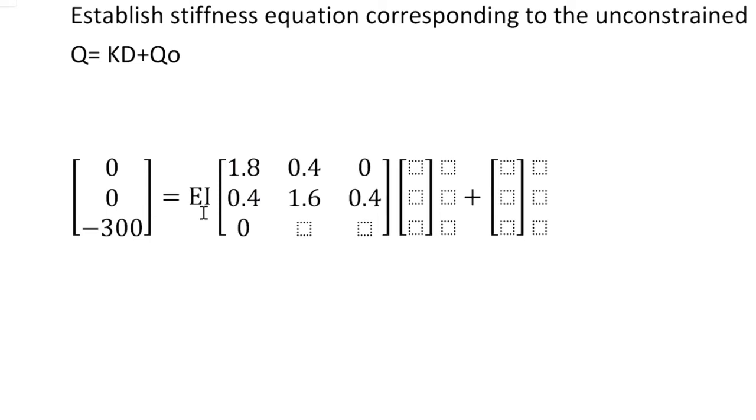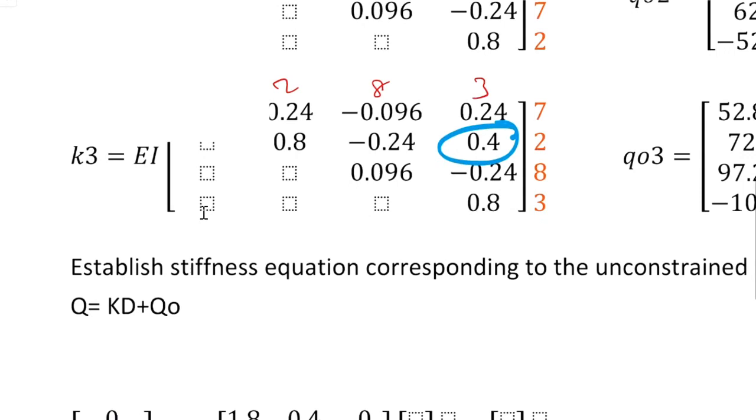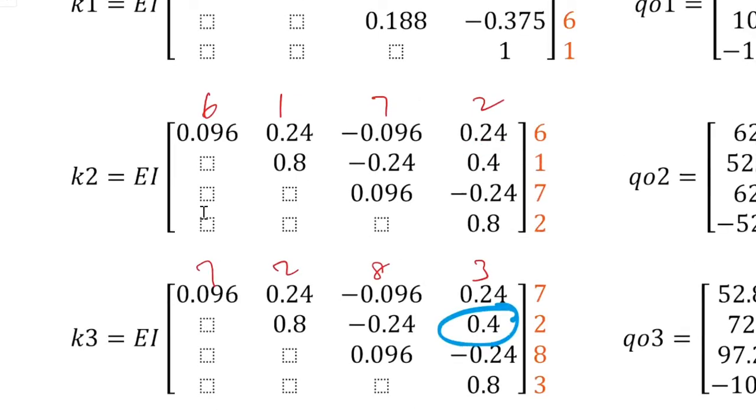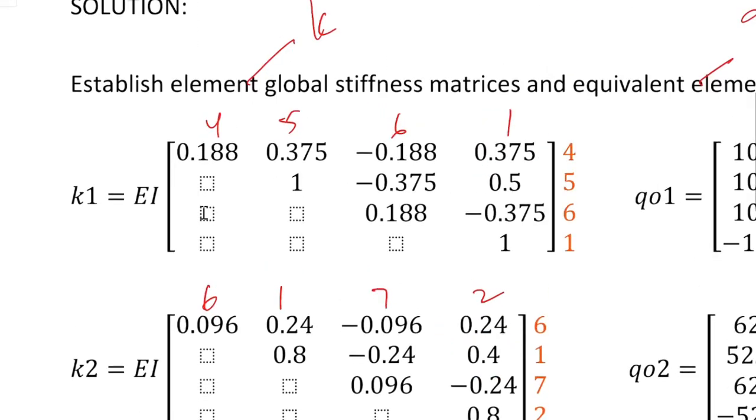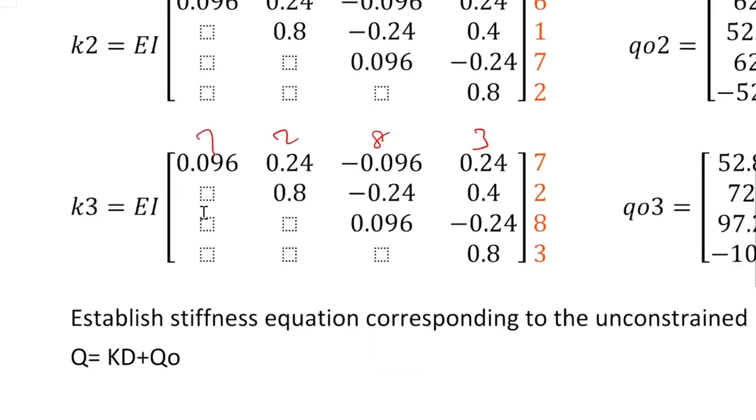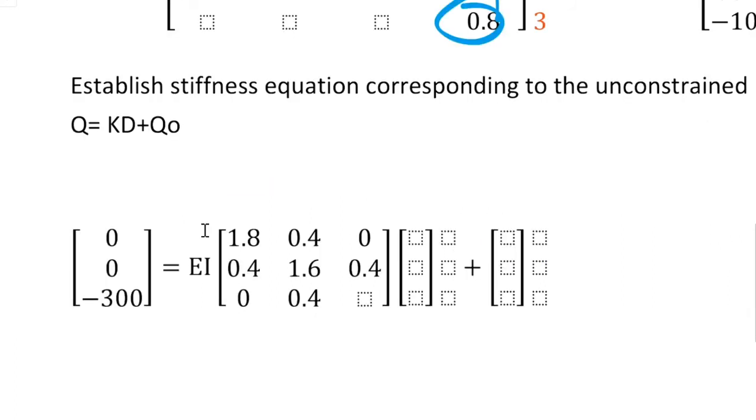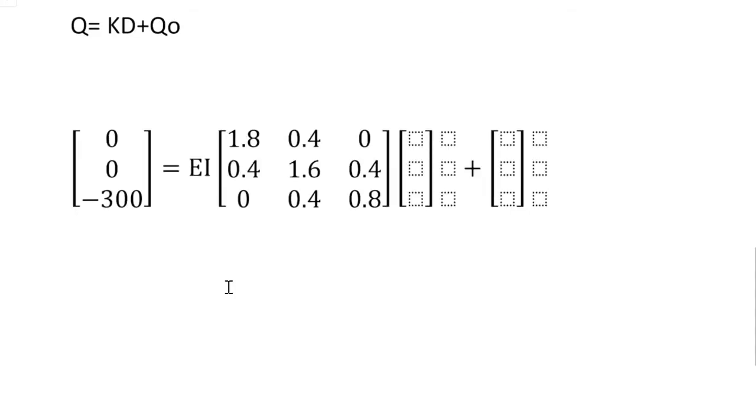Okay, next is 3,3. There is no 3,3 in K1 and none in K2, and 3,3 in K3 is equal to 0.8. So we put 0.8.